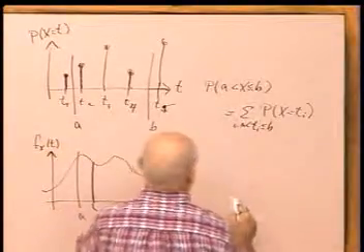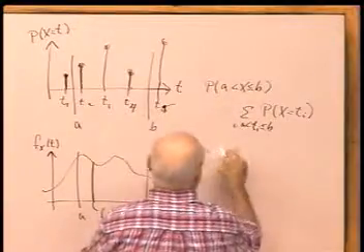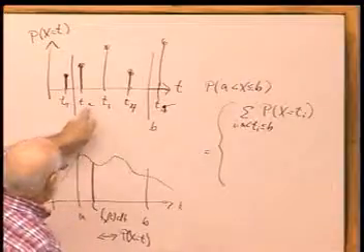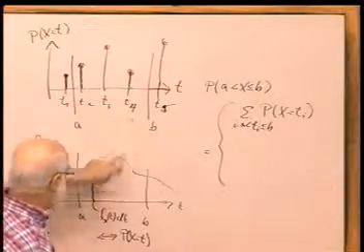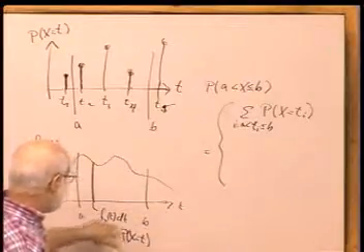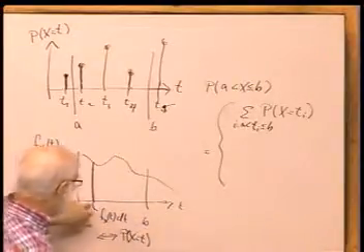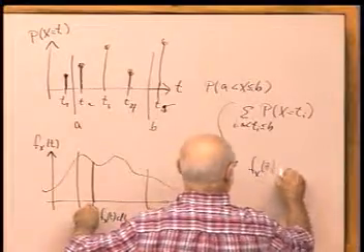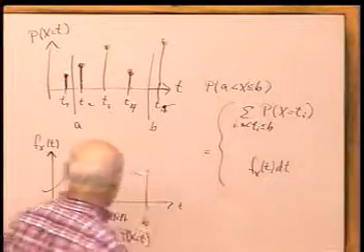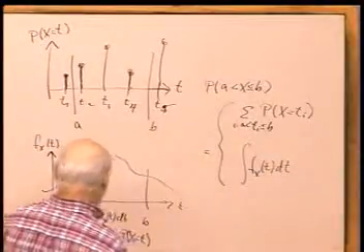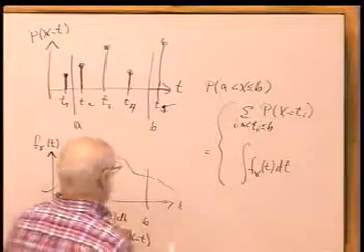So in other words, now, instead of adding up the discrete countable probabilities, I'm going to add up an uncountably infinite number of probabilities. I take the probability that the random variable takes a particular value t, which I call density function dt, and then I add that up as t runs between a and b.